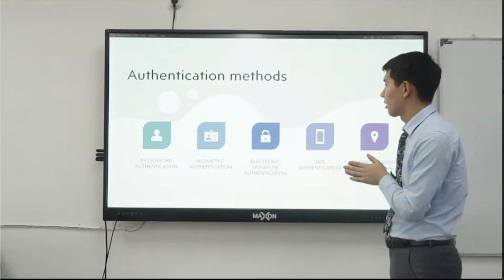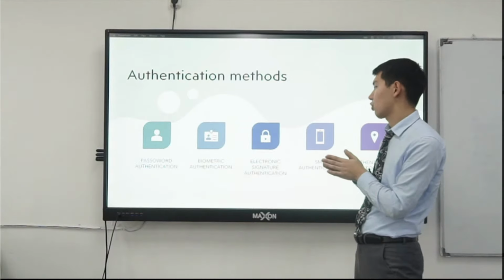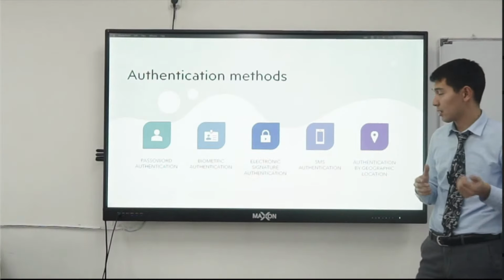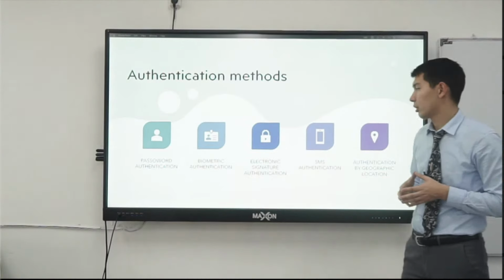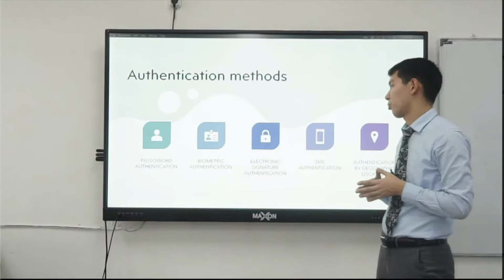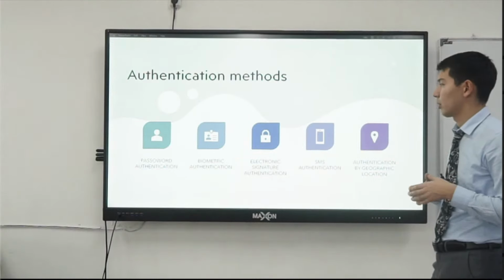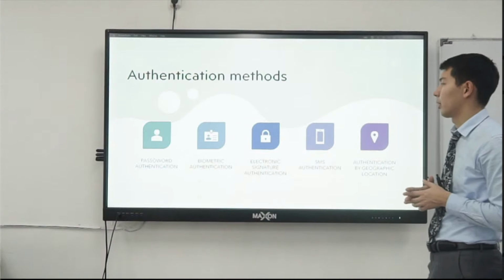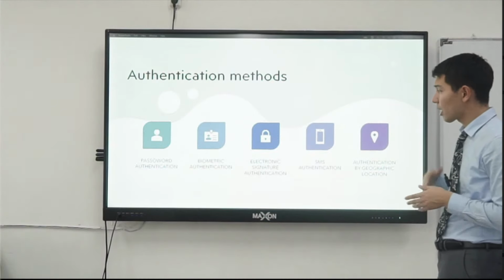And then the second one is the biometric authentication. Now this is one of the most popular ones. We ask why, because nowadays we have a lot of problems, yes, that someone may be trying to take the money by other ways.